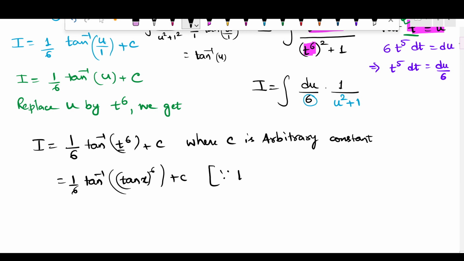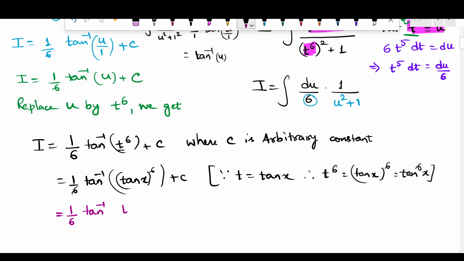Since t is tan x, therefore t to the power 6 will be tan x to the power 6, which is tan to the power 6x. So this is 1 by 6 tan inverse tan to the power 6x plus c, your final answer.